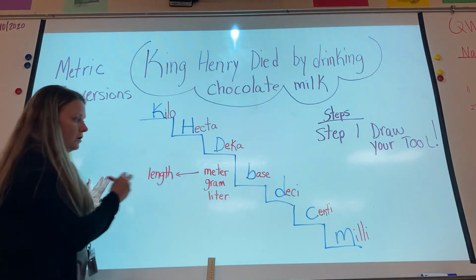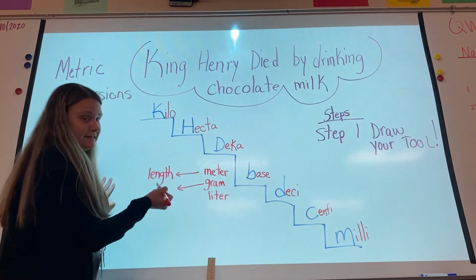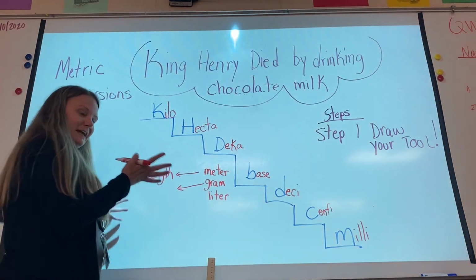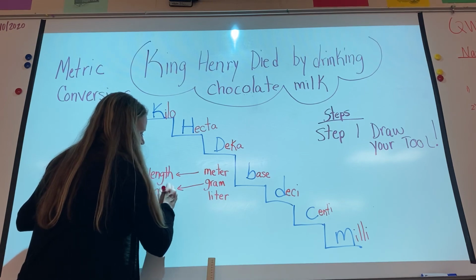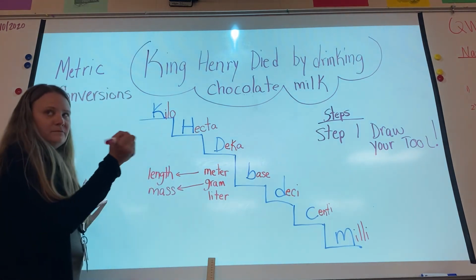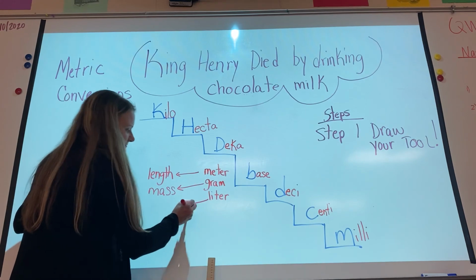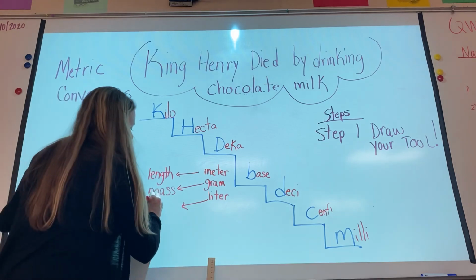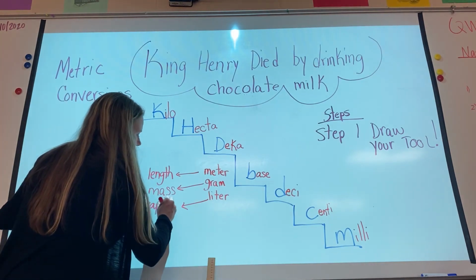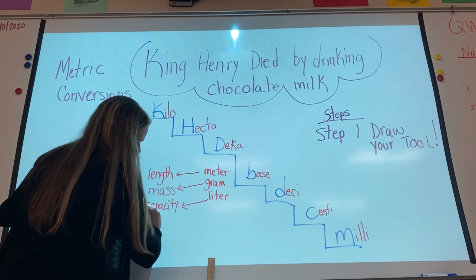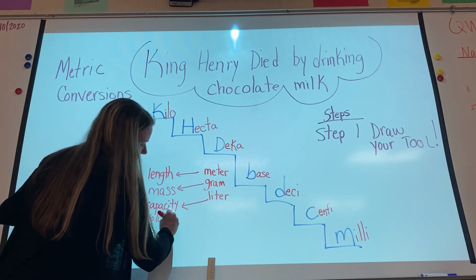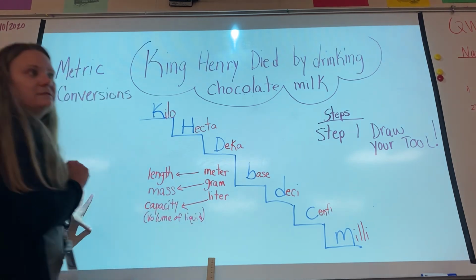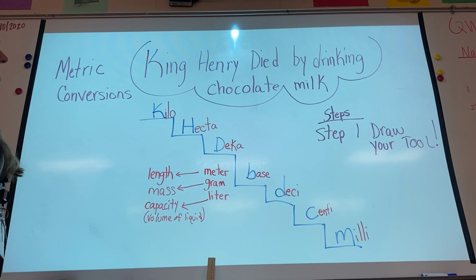I know it looks hard or difficult, but we are going to be using this for a couple days. Grams, if you remember from science, with our balance beam scale, grams measure mass. And then liter, if you've ever drunk a 2 liter of soda, because I know I love me some soda, it measures what we call capacity. But for science purposes, you need to know that that means the volume of liquid. Kind of like our graduated cylinders. Okay?